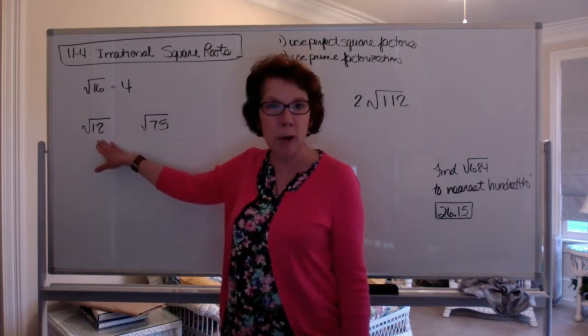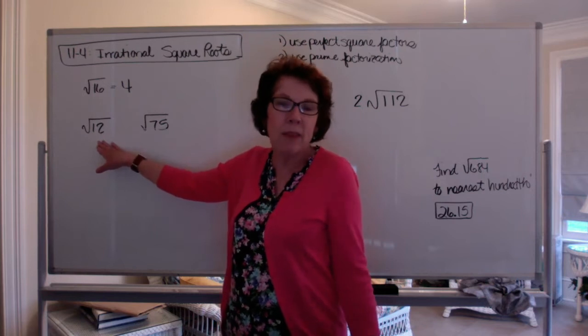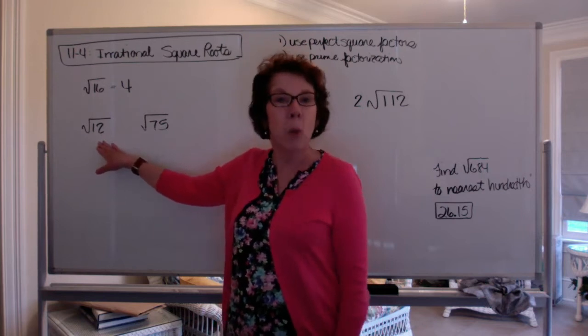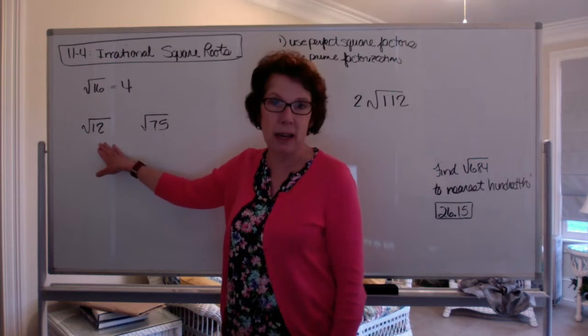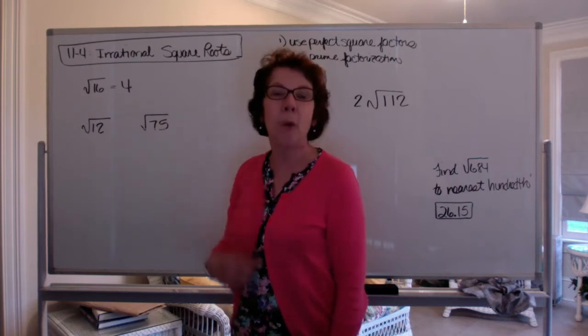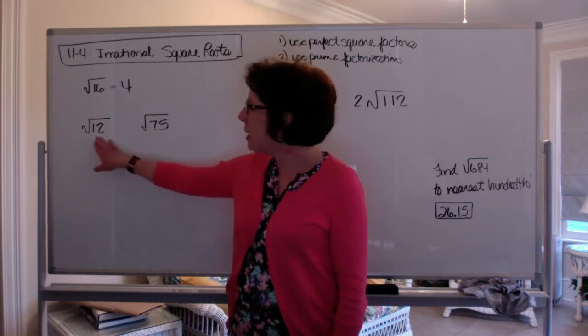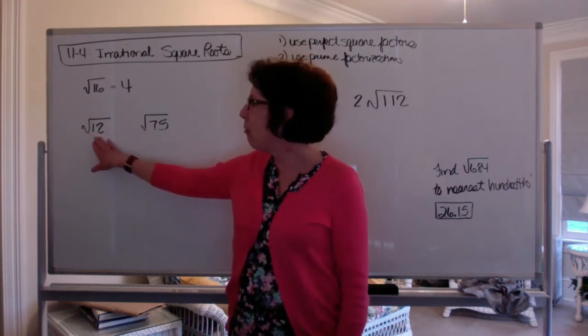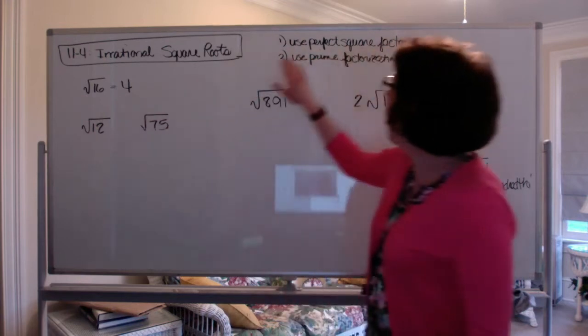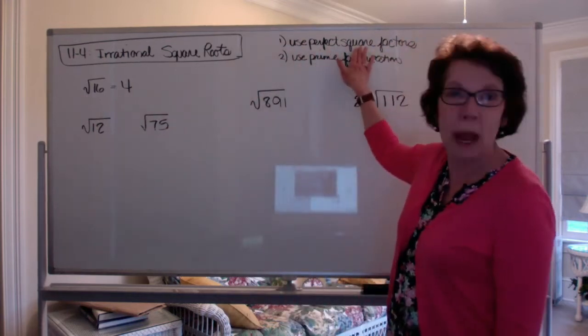Well, 12 is not a perfect square, so I can't write that as a rational number. But what I can do is simplify it, and there is a simple rule for simplifying a square root. I want to think of what factors of 12 are perfect squares.